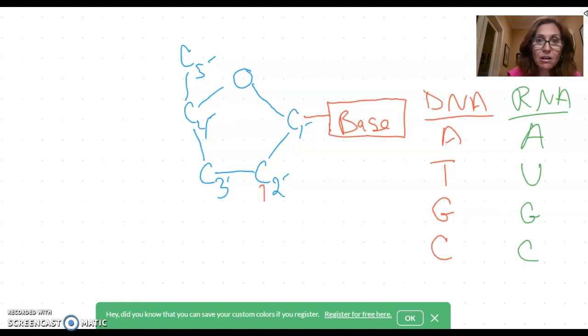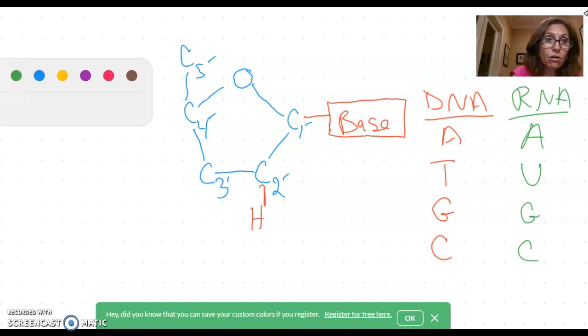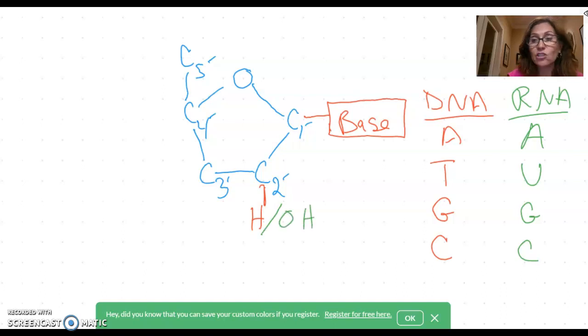On the 2' carbon, you're either going to have a hydrogen for DNA or a hydroxyl, an OH, if you're dealing with RNA. So right now, DNA is going to be coded in red, and RNA is going to be coded in green. That hydrogen is a very stable bond to the carbon. Basically, it just stabilizes the carbon and hangs out.